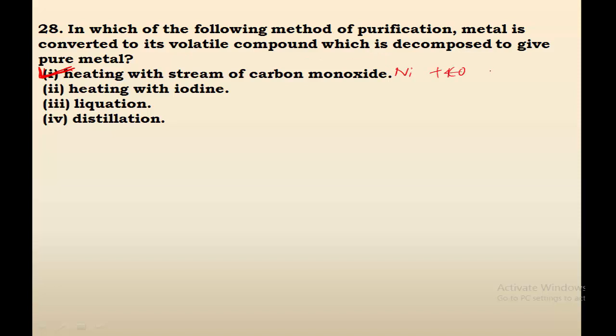You will extract it as Ni(CO)4. Next, heating with iodine is also the right one, because in the extraction of titanium and zirconium we use iodine vapors. Liquefaction and distillation are not correct. So options 1 and 2 are right.